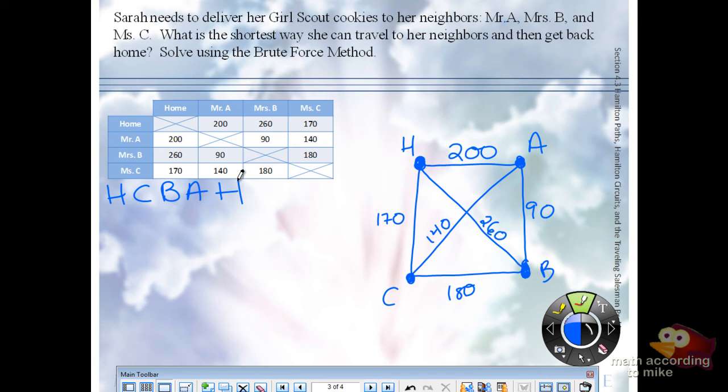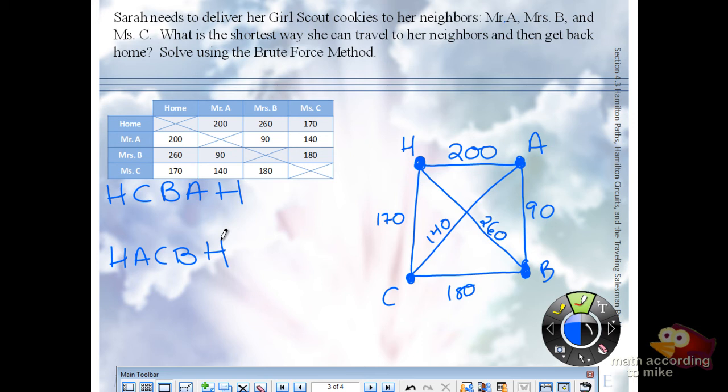Someone else? H, A, C, B, H. Yeah? H, B, C, A, H. Notice HBCAH is just this one reversed.